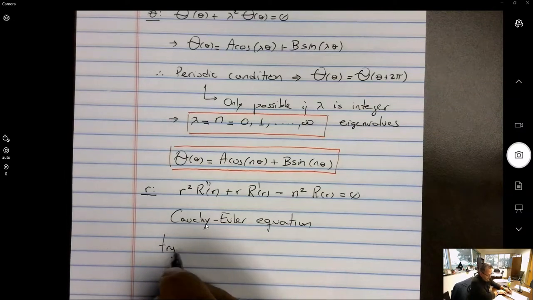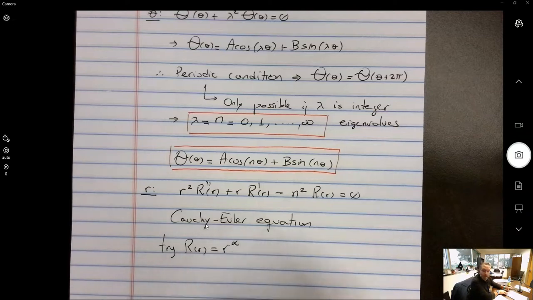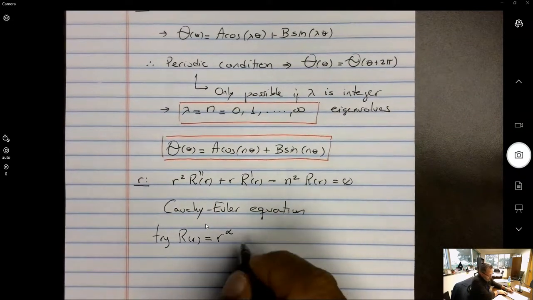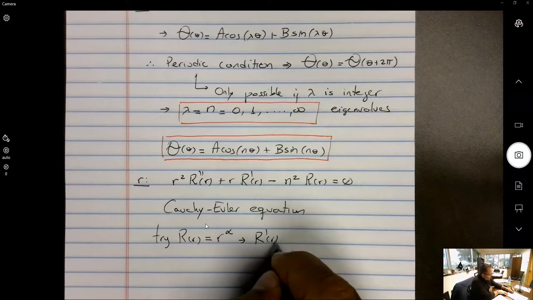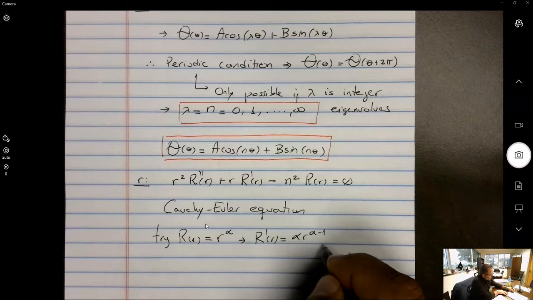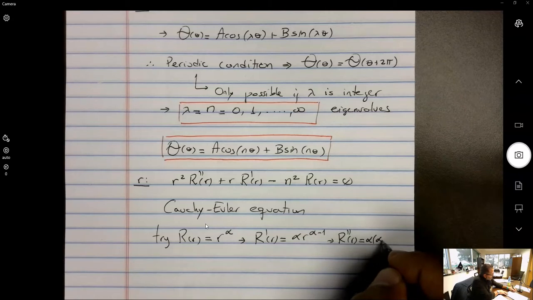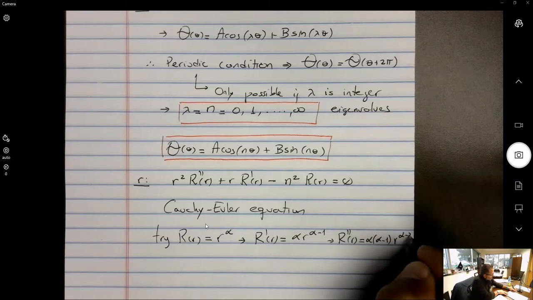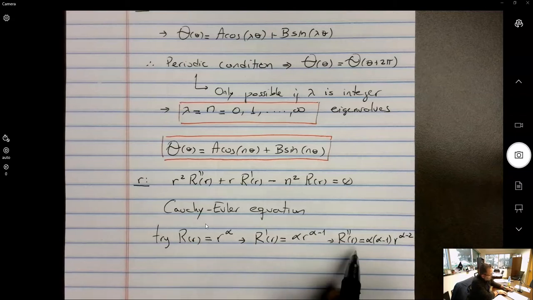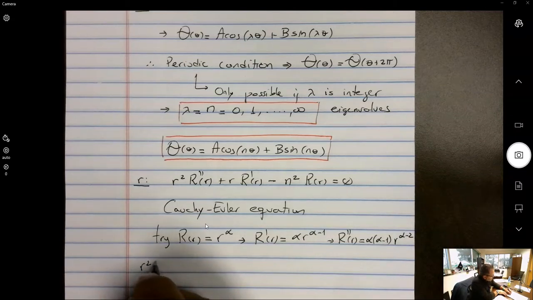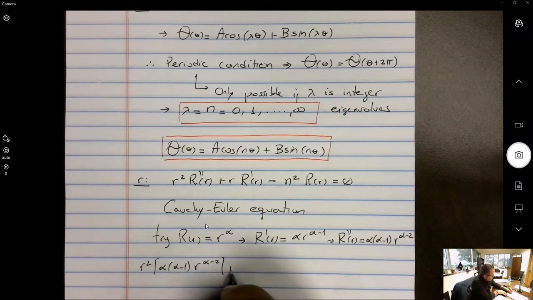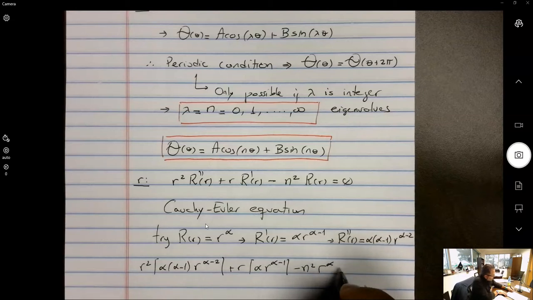We're going to try R of r equal to r to the power of alpha. Therefore, R prime of r is equal to alpha times r to the alpha minus 1, and R double prime of r is equal to alpha times alpha minus 1 times r to the power of alpha minus 2. We plug that into the equation and we get r squared times alpha times alpha minus 1 r to the alpha minus 2, plus r times alpha times r to the alpha minus 1, minus n squared times r to the alpha, should be equal to 0.